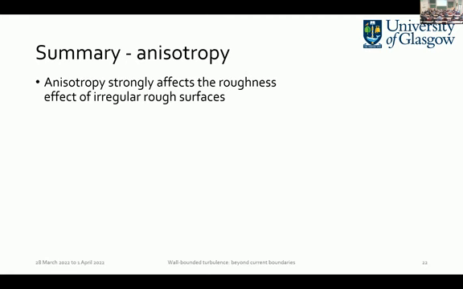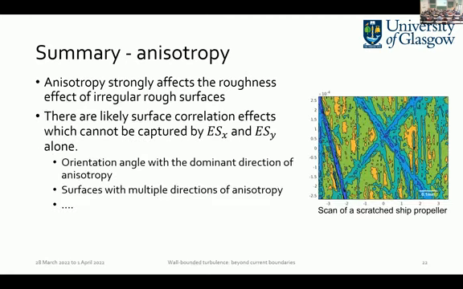Now, to summarize, I've shown that anisotropy strongly affects the roughness effect of irregular rough surfaces. I should also point out, however, that there are likely to be surface correlation effects which cannot be captured by just looking at streamwise and spanwise effective slope alone. One obvious one is, for example, the orientation angle of our dominant direction of anisotropy with the flow direction.